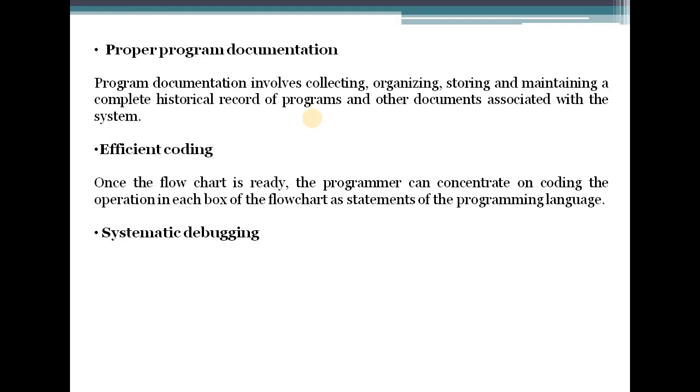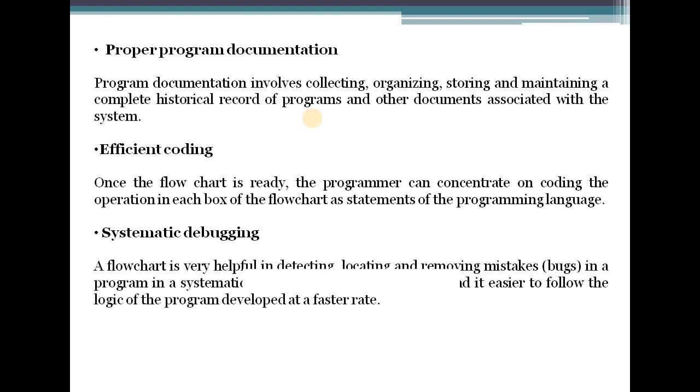Debugging means removing bugs, that is removing errors. So looking at the flowchart, it becomes easier to remove any errors. A flowchart is very helpful in detecting, locating and removing mistakes in a program in a systematic manner because programmers find it easier to follow the logic of the program developed at a faster rate.